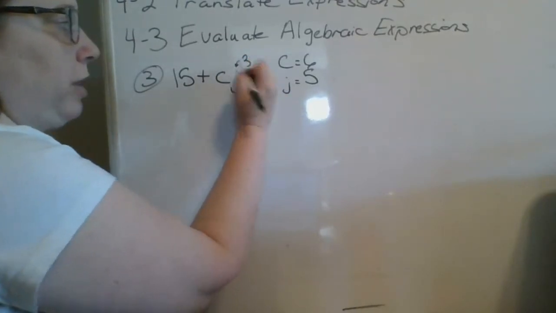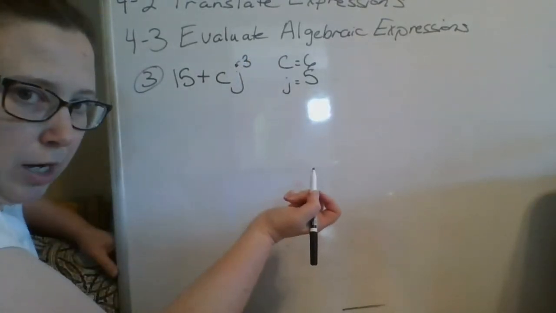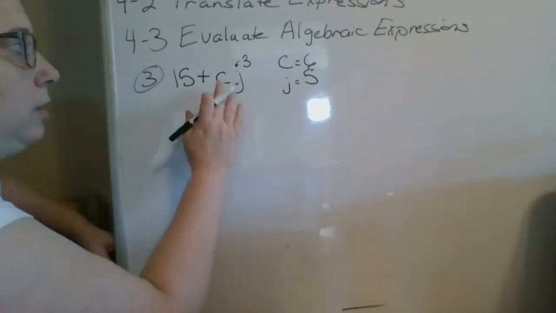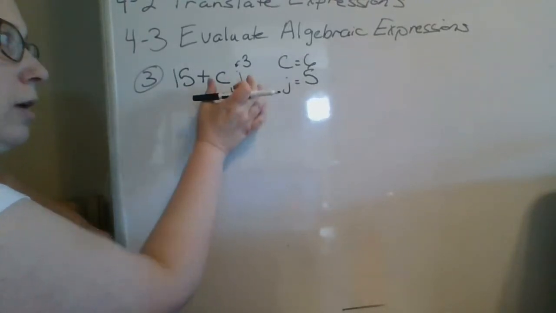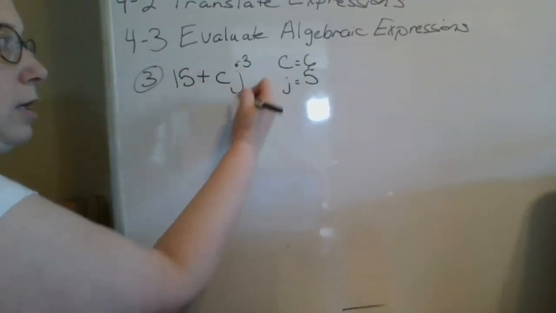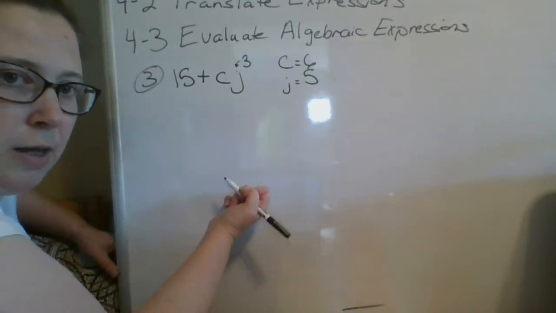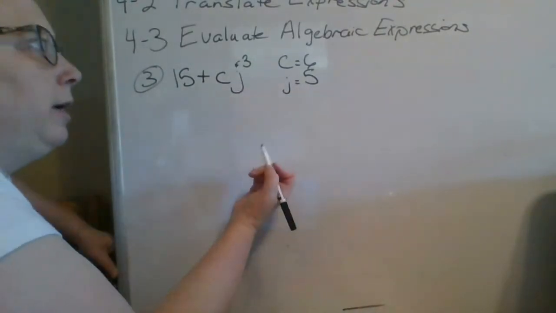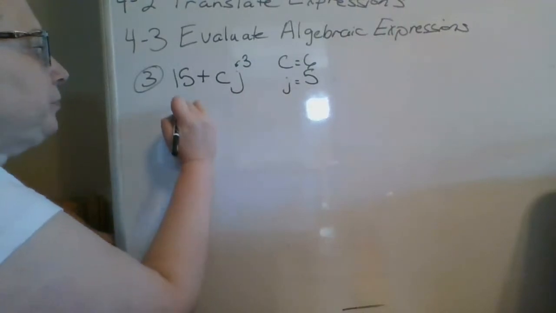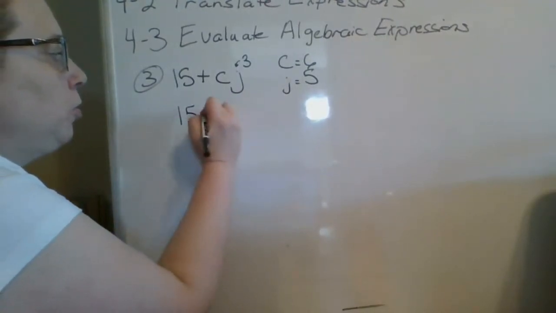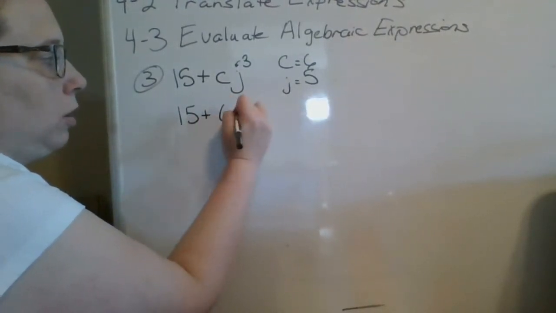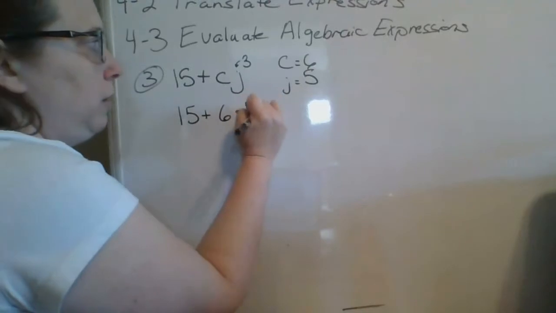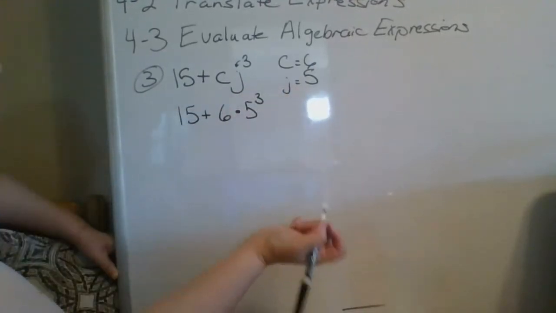Directly to the left of that exponent is just the J. It's not the C times J. If that's what it was, C and J would have to be in parentheses. Because they're not, directly to the left of that exponent is the J, which means that only the J is being cubed.